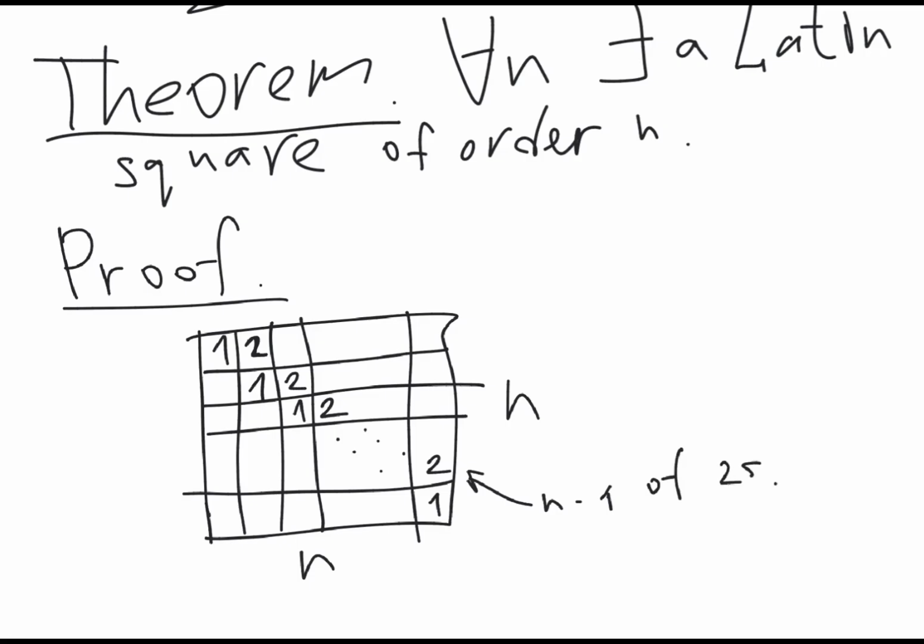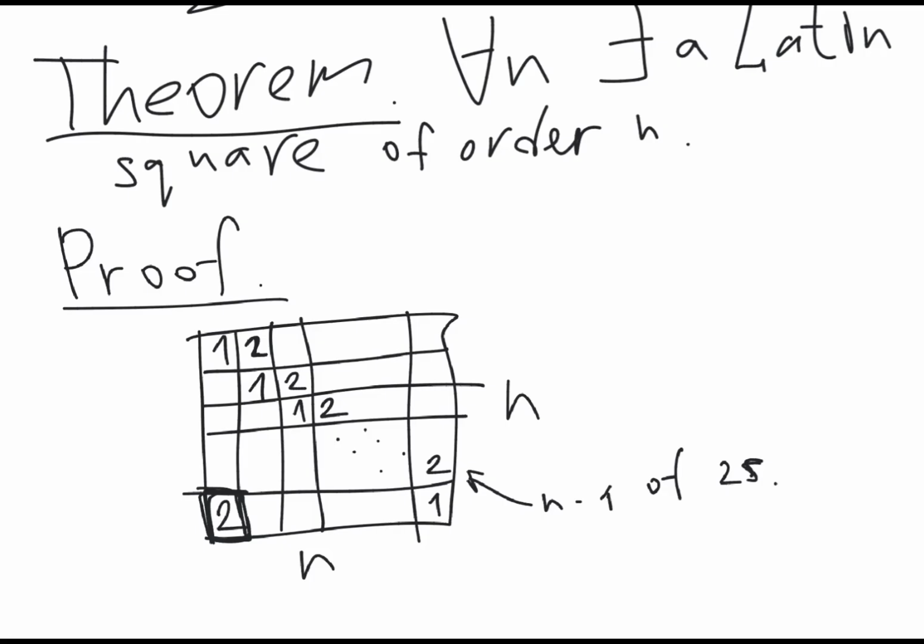So here we have n minus 1 twos. In order to have n twos, we consider this diagonal to be shifted to the first, so this cell belongs to the same diagonal.